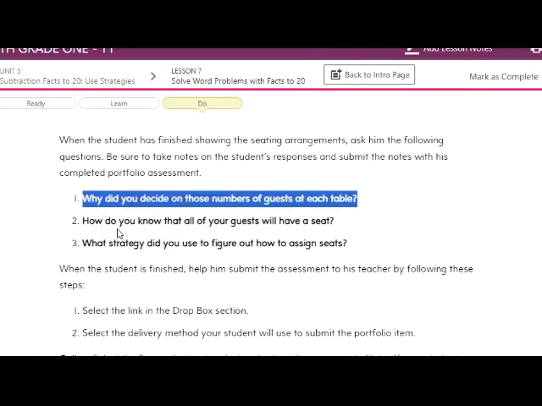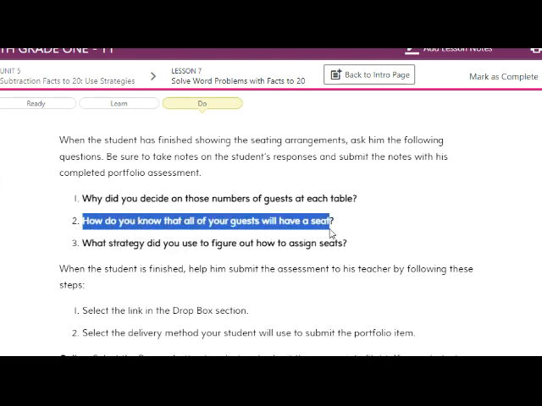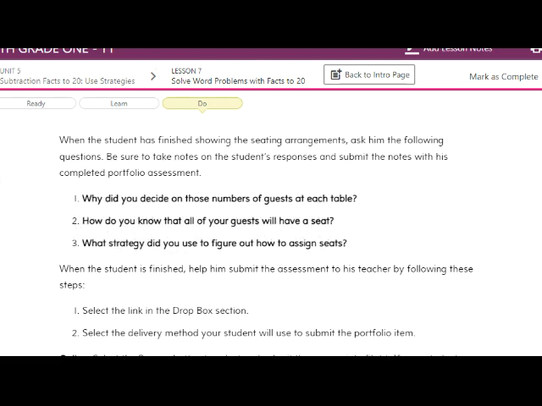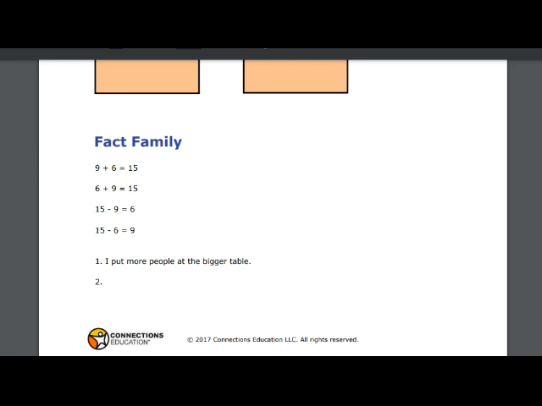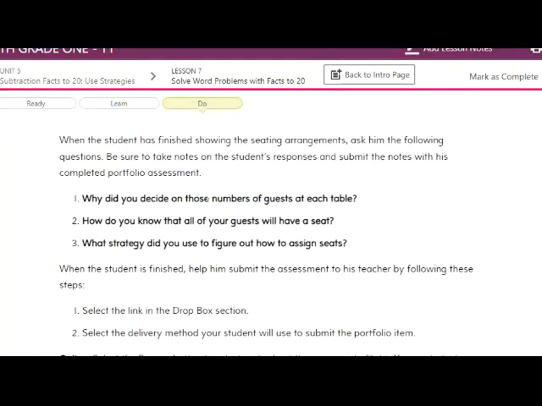Number 2 says, how do you know that all of your guests will have a seat? Well, I know 9 plus 6 equals 15, right? There are 15 guests, so that is how I know they'll all have a seat.